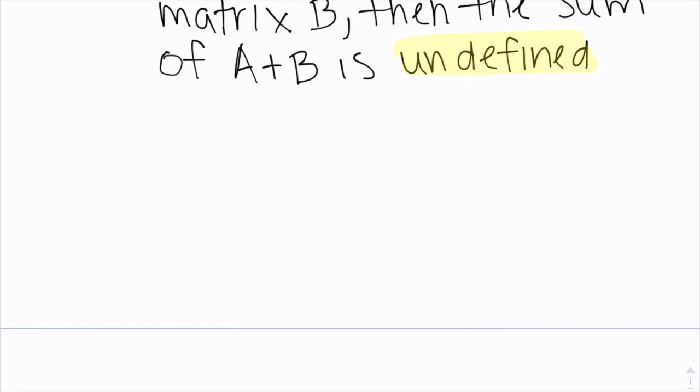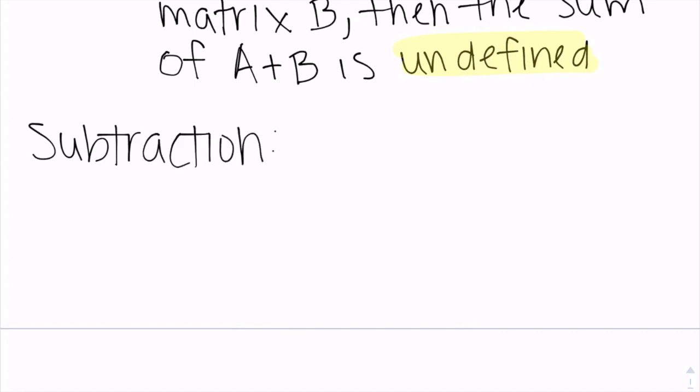The next operation that we're going to talk about is subtraction. And so in subtraction, it's similar to addition, where your matrices must also have the same dimensions.